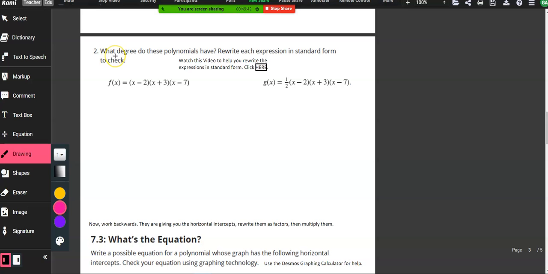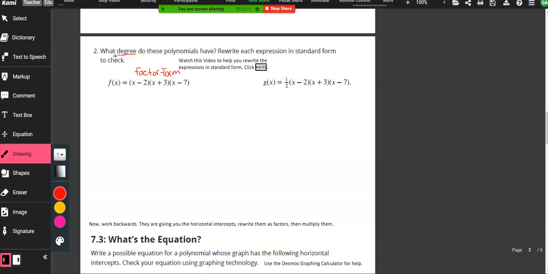Question number two says what degree do these polynomials have? I can't tell what the degree is because these are in factored form. In factored form, you can't tell right away what the degree is.